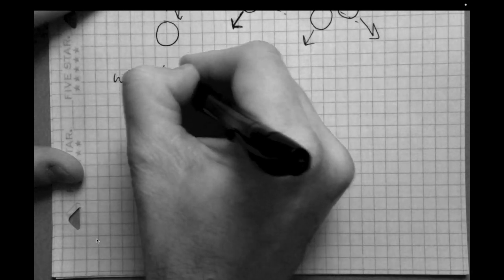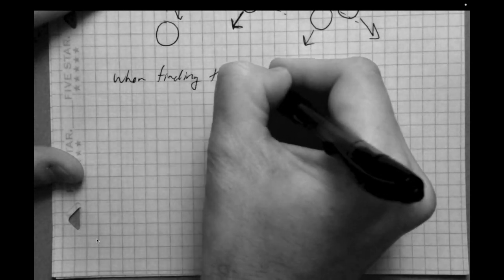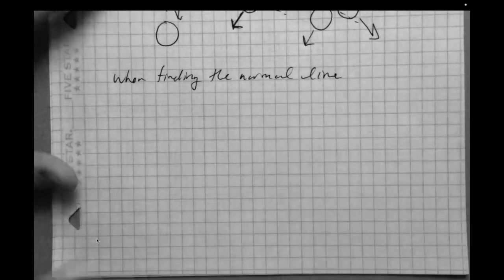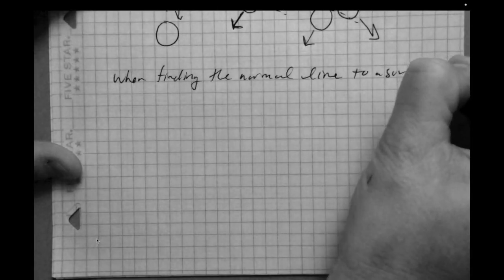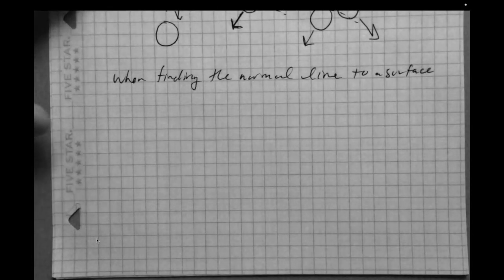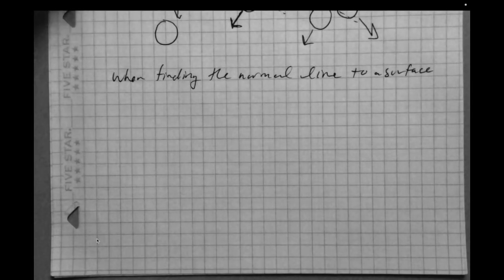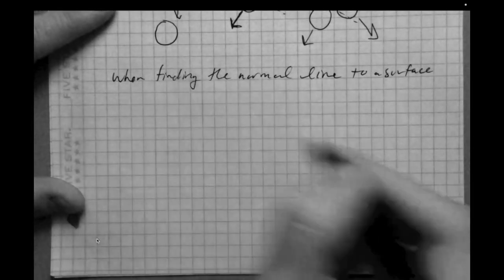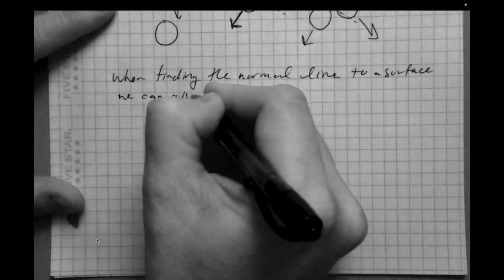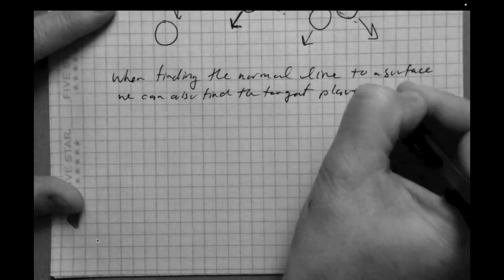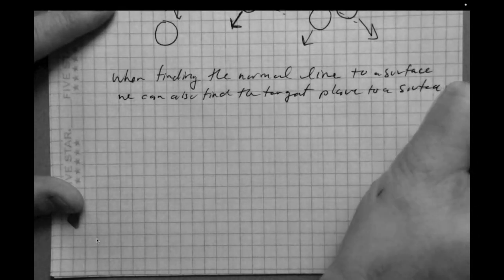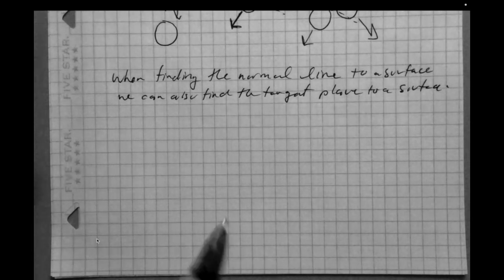Previously, when we talked about finding the normal line to a surface, it also enabled us to solve the problem of finding a tangent plane to the surface. Okay, so let's talk through some of that.